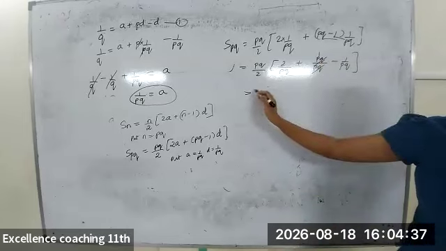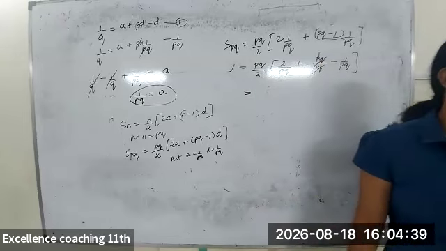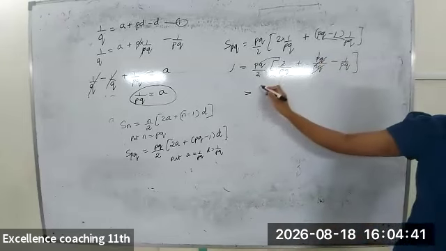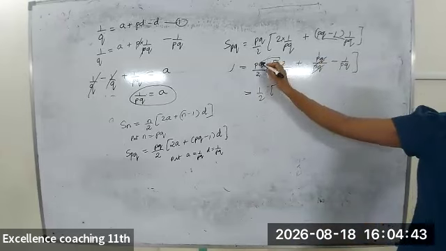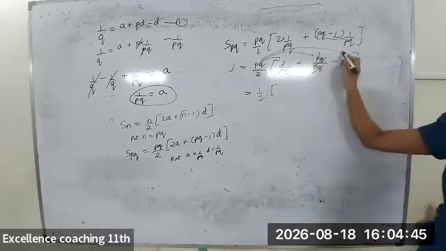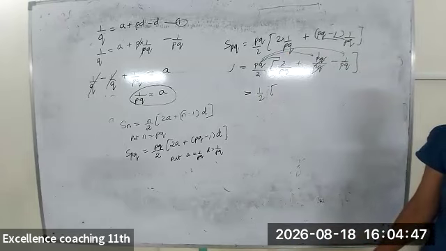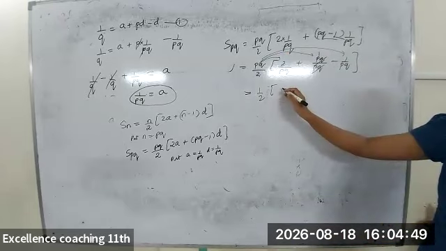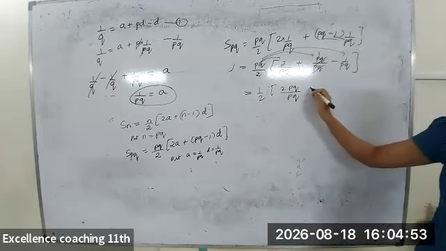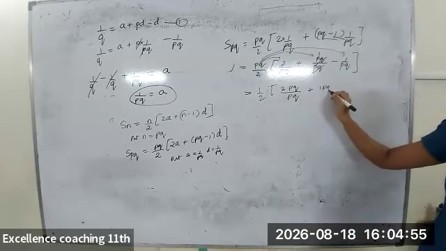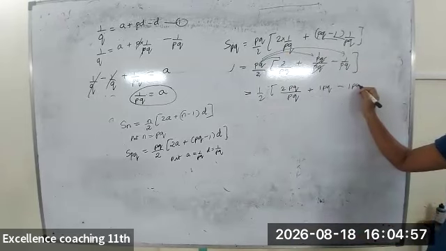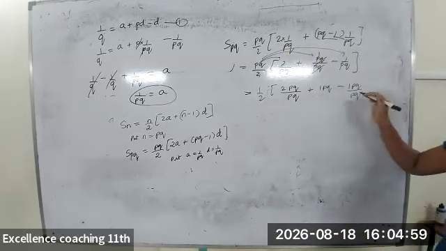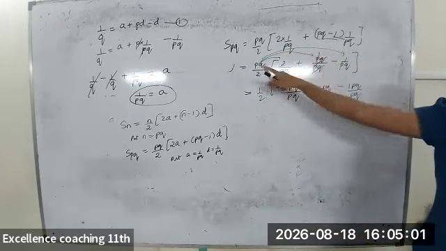Now, as per the answer, I want it half outside. So keep half outside only and multiply PQ to all the terms. PQ will get multiplied to all.